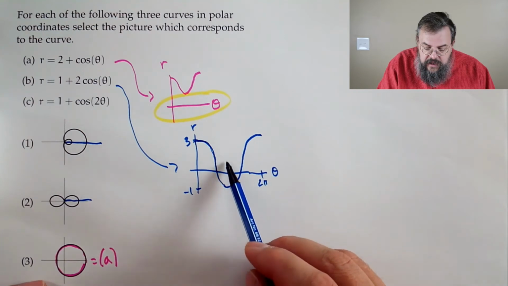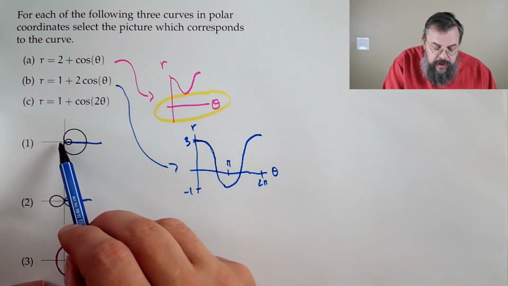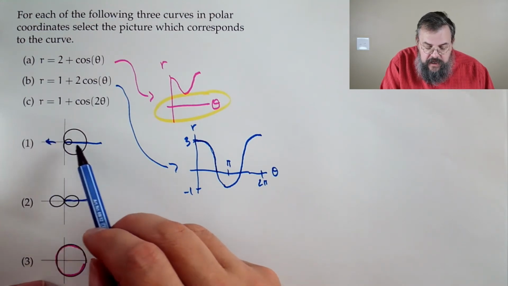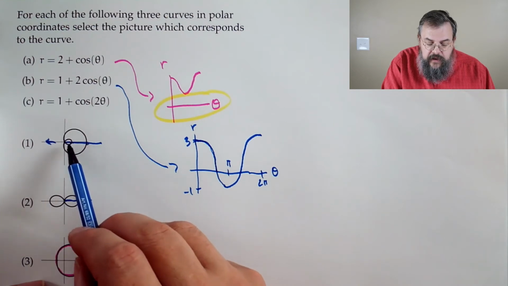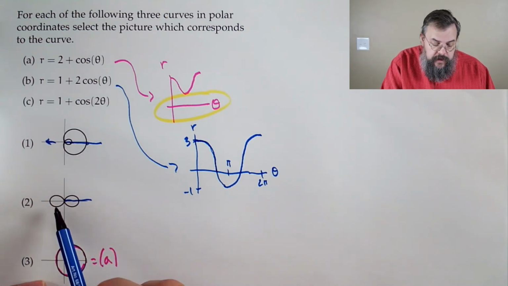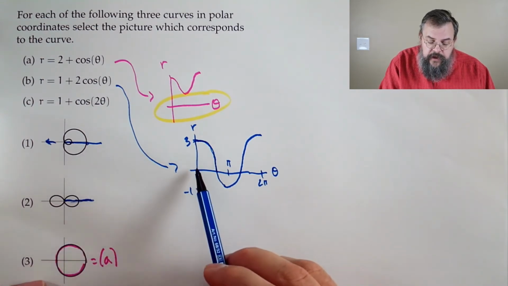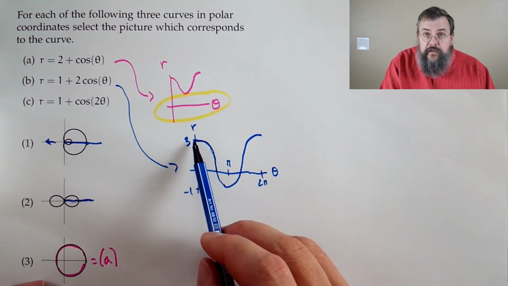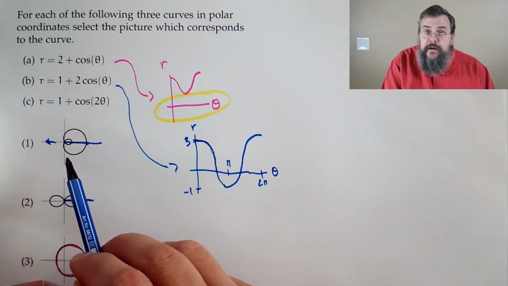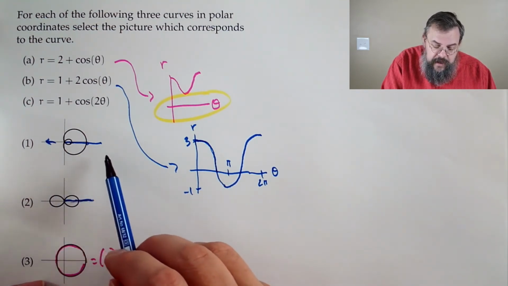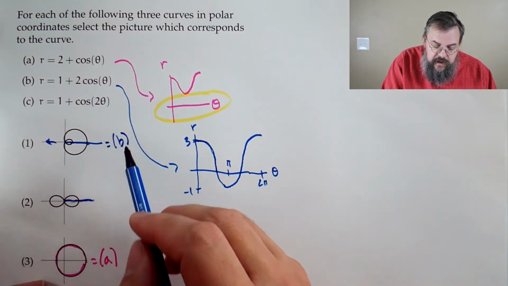But you see here how at pi we have a negative number? That says when I'm looking in this direction, I've walked backwards. So I should see 2 points on that mark. Now notice here, you only see 1 point. So I should see 2 points: one from theta equals 0, positive mark out, and one from theta equals pi, and a negative value for r. So that tells us that this part right here, this is b.